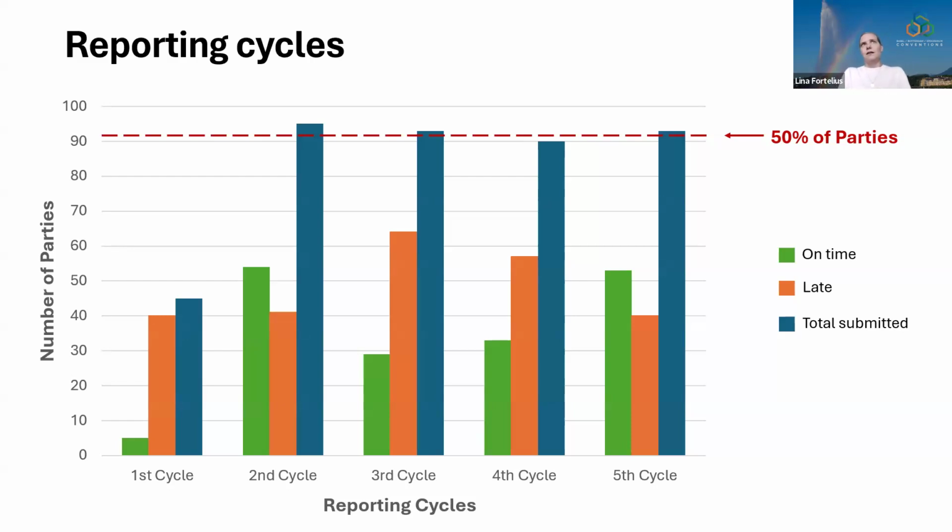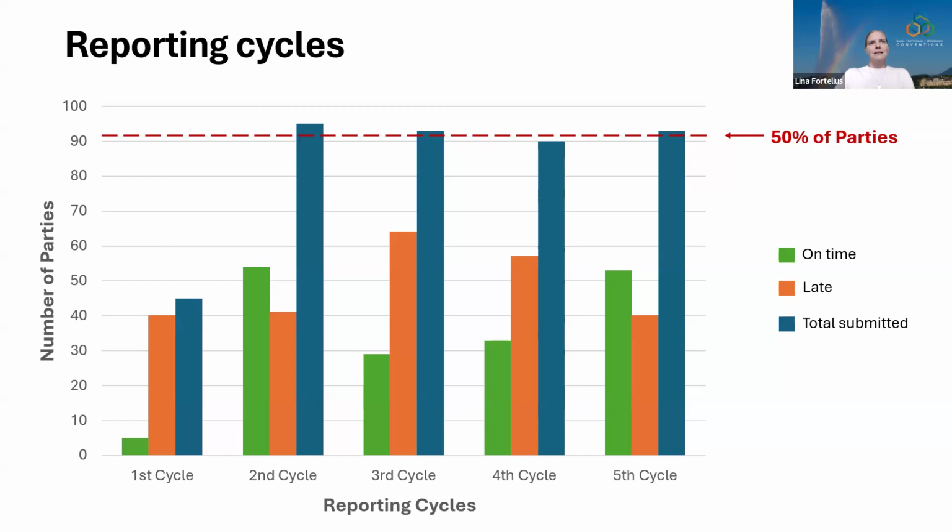So for the 5th cycle, a bit over 50% of parties reported. And for this 6th cycle, the Secretariat has a goal to make sure that we reach more than that. So hopefully also on time.